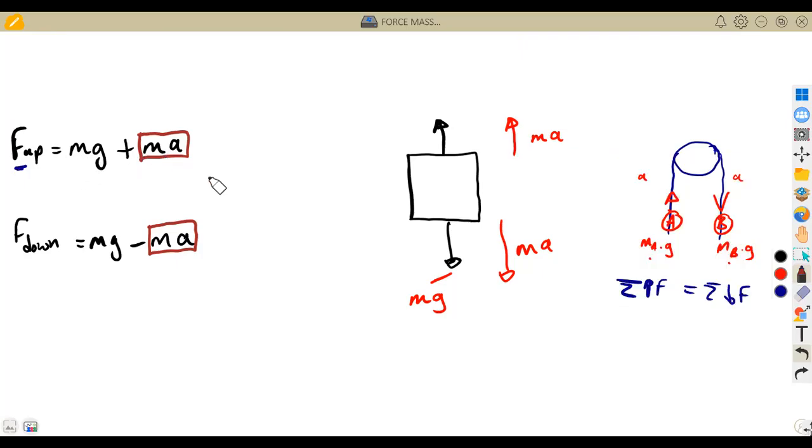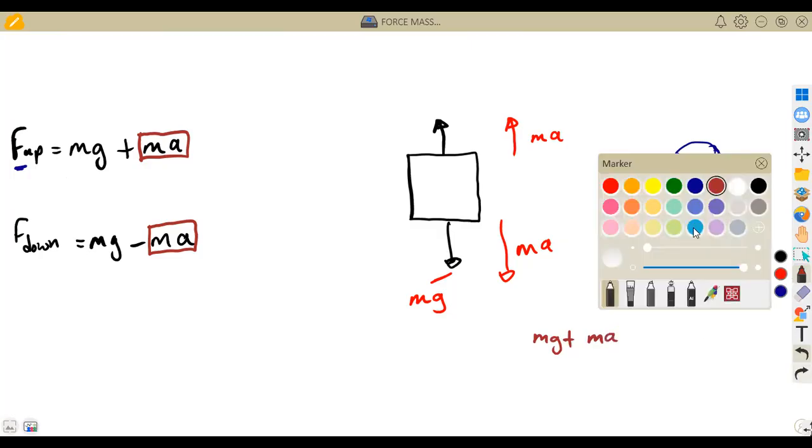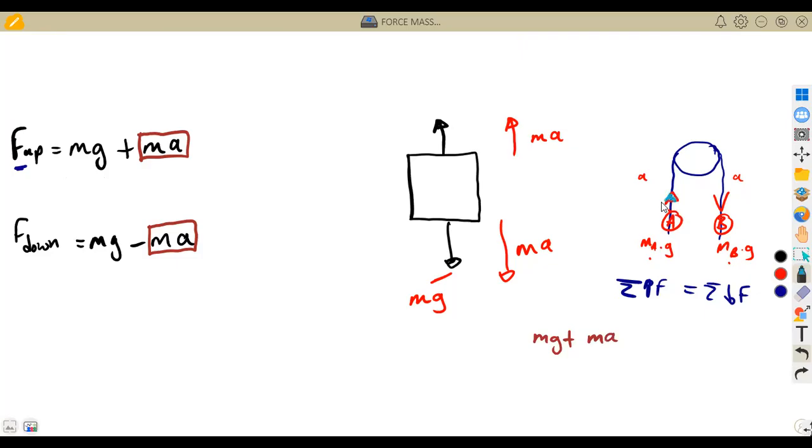Mg plus Ma. In this case, which M are we talking about that is going up? The one that is going up is for object A. So this is the mass for object A, the one that is going up.